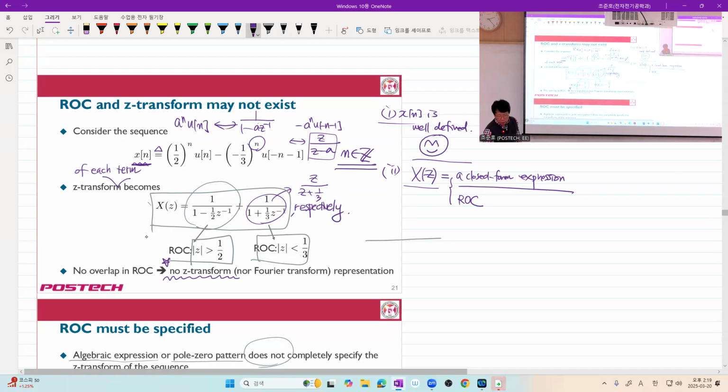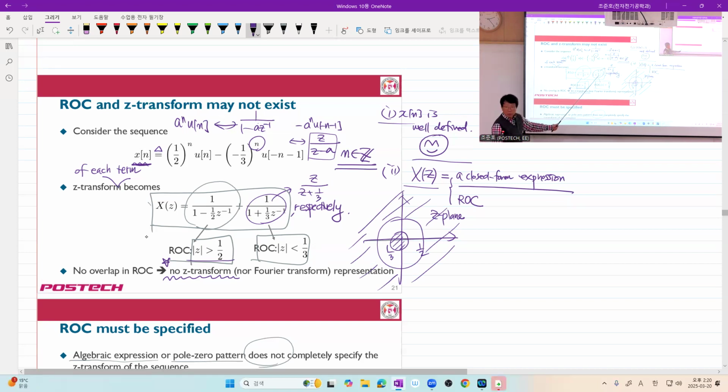And if you plot the regions of convergence on the z-plane, what happens? The first region of convergence is outside this circle with radius 1/2. And the second region of convergence is inside the circle with radius 1/3. What does that mean?